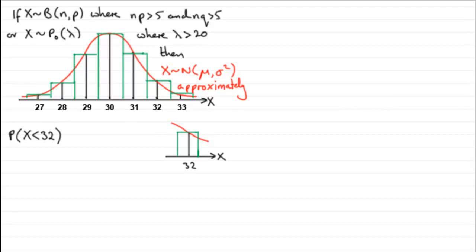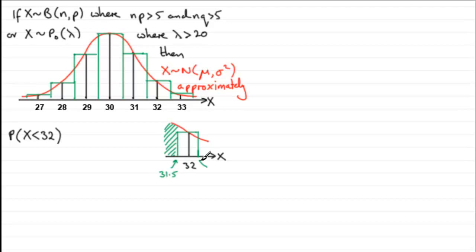We want the area to the left of 32, but it mustn't include 32 because it's got to be less than 32. So what we do is we concentrate on this area just to the left of 32, but not including it, so we don't go into the box here. So this value here is at 31.5.